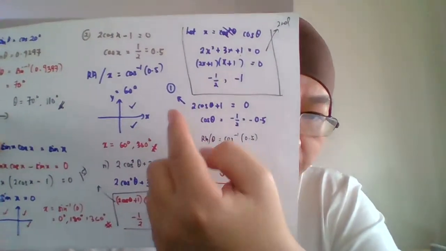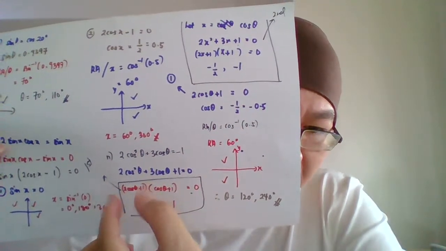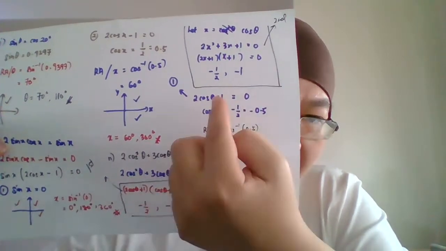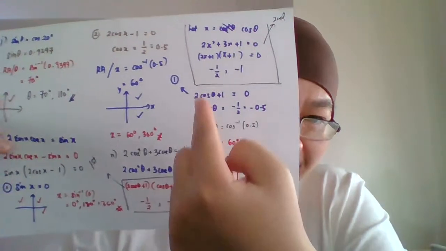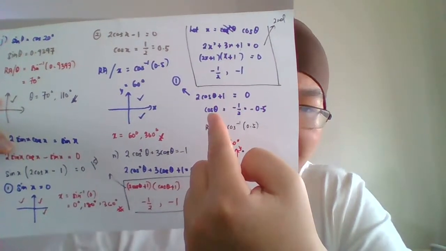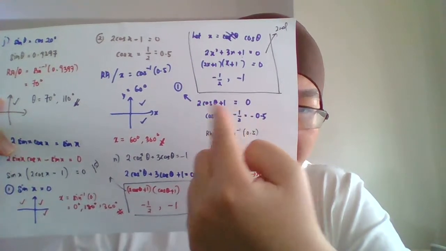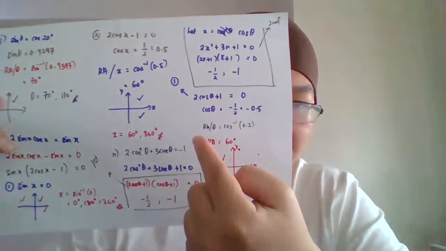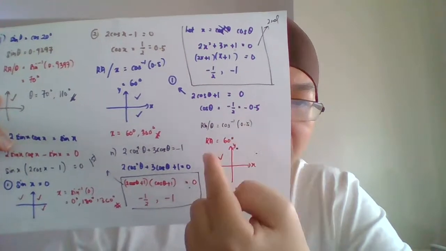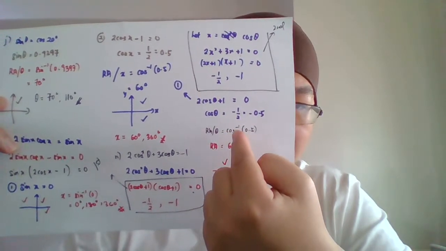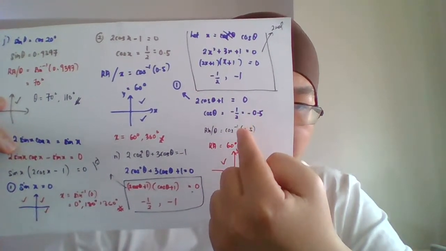Now, first I take the first bracket. Okay, highlight equal to 0 because equal to 0, right? This is the first solution. So cos theta, I must make the cos theta become the subject. So I move 1 and 2 become this. So cos theta equals to negative half. So RA equals to inverse cos 0.5. Do not put negative.